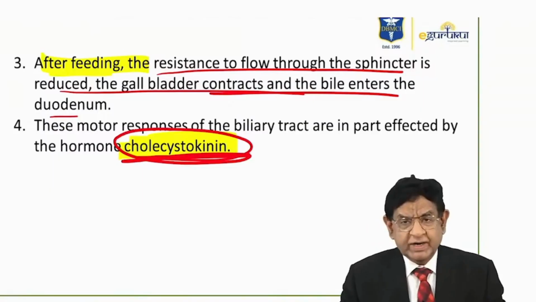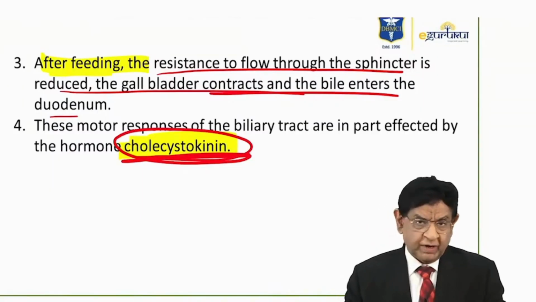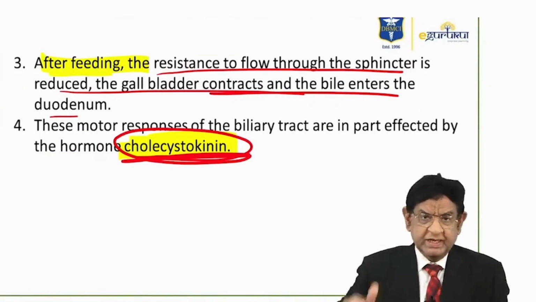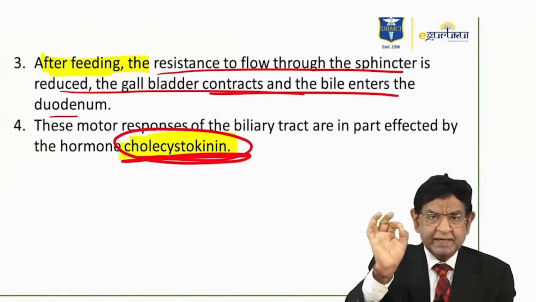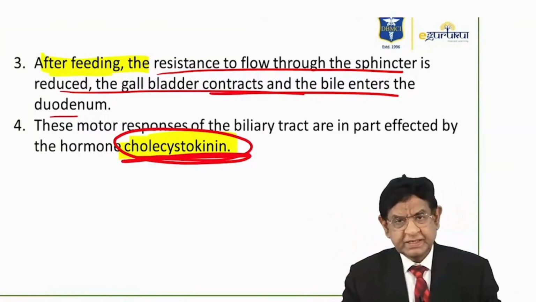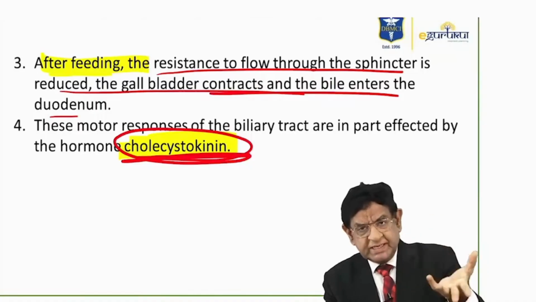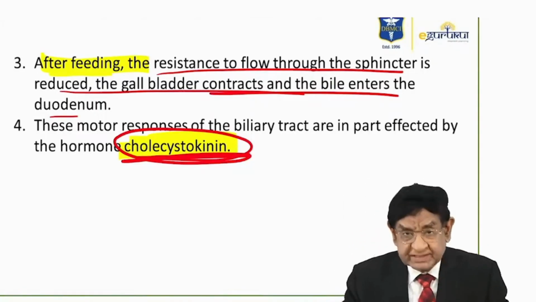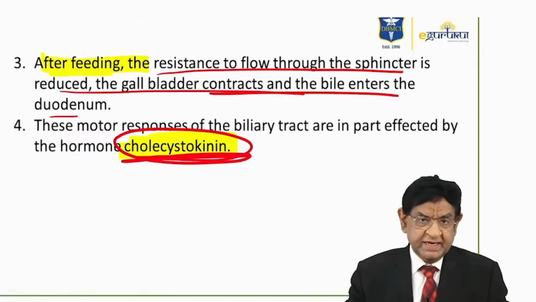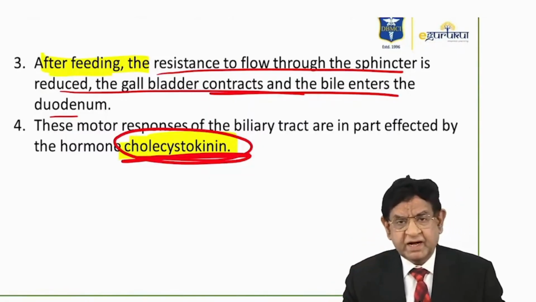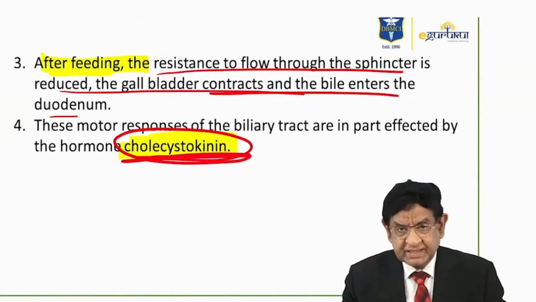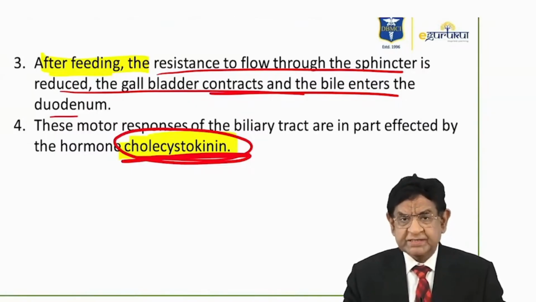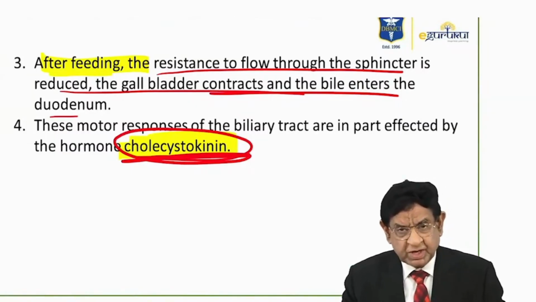So what have I discussed so far in these two slides? Point number one, the gallbladder is a storage site. Point number two, it is distended in the fasting stage. Third, it gets contracted after eating, after meals. Fourth, this contraction is done by cholecystokinin.